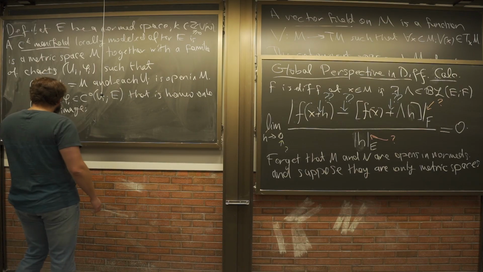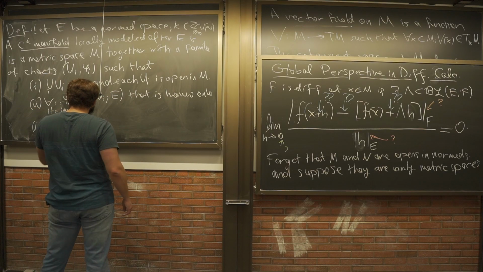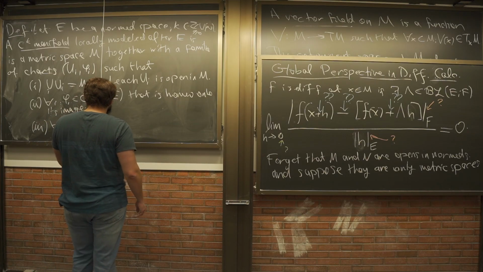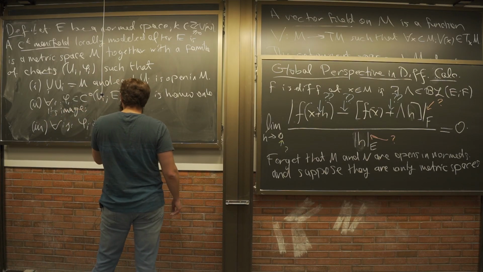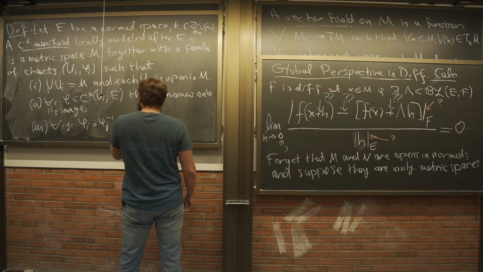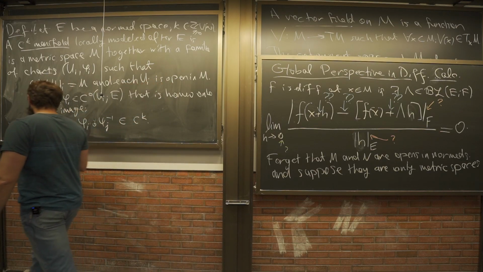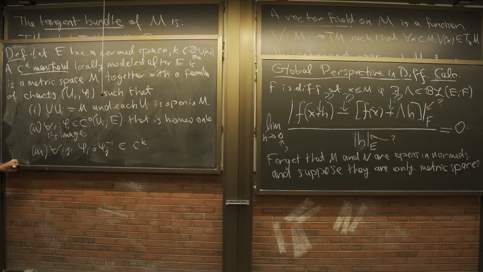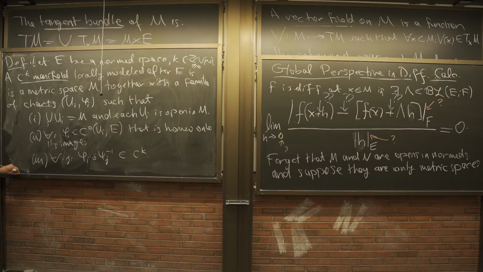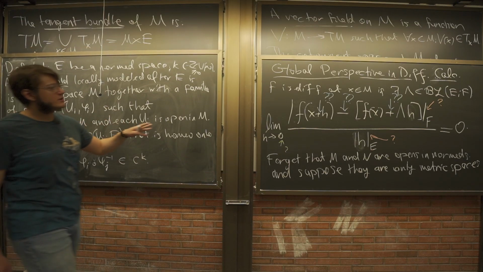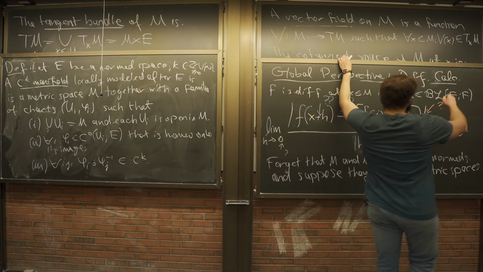That is to say, for any i, j, I want this to be C^k. Okay. It's a mouthful. I'm just going to rather draw a picture. The picture is more important.